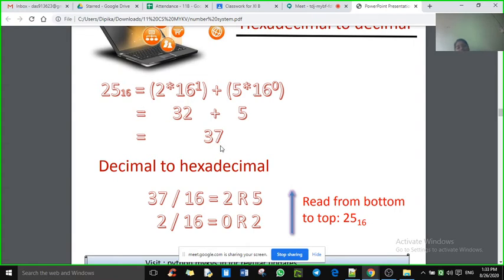Which number is hexadecimal? Ma'am, 25 base 16. And this 37 is decimal. Correct. Very good.